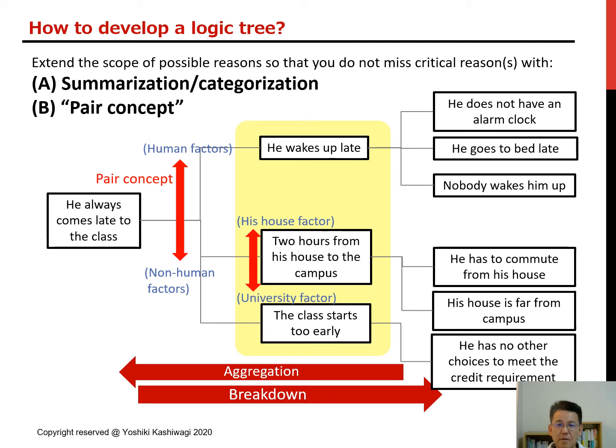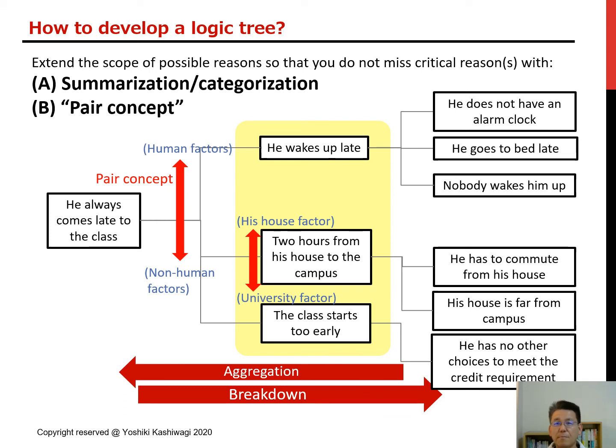And again, these keywords in blue in the bracket are called pair concepts. So they should be paired: human factors, non-human factors; his house factors against university factors. Try to find a pair if you find it difficult to come up with a new concept or new category.